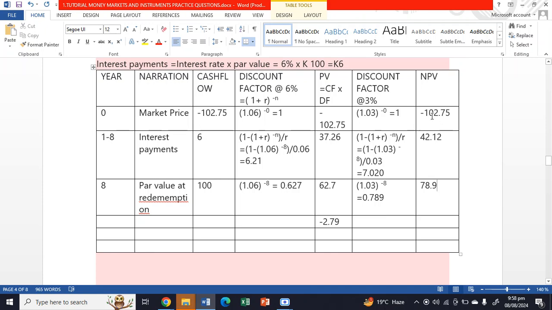So let us add negative 102.75 plus 42.12 plus 78.9.